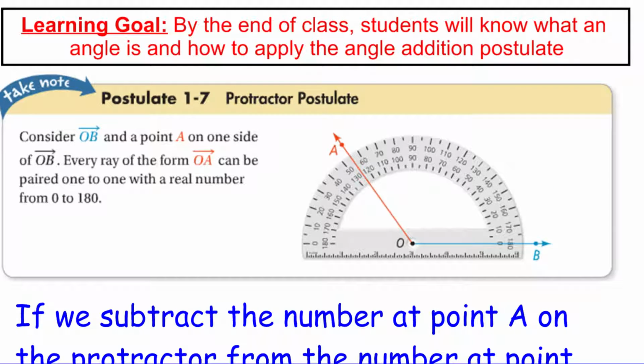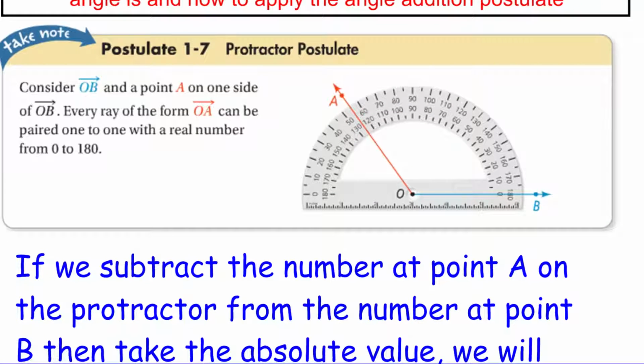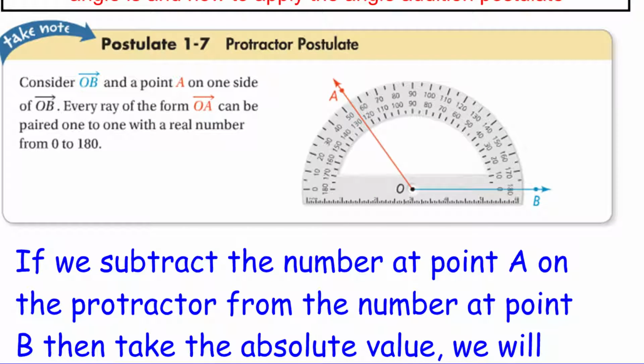Okay, so here's your quick definition of how we measure angles. So we have something called the protractor postulate, and if you remember from probably 2 videos ago, we had something called the ruler postulate. And this is the same thing as the ruler postulate, but it's for measuring angles instead of measuring segments.